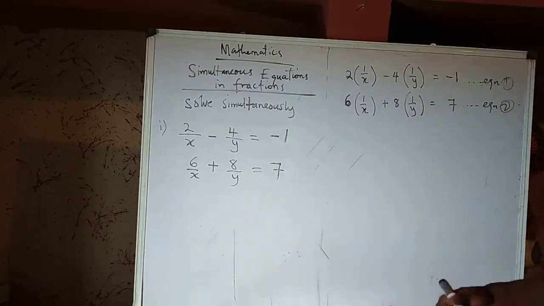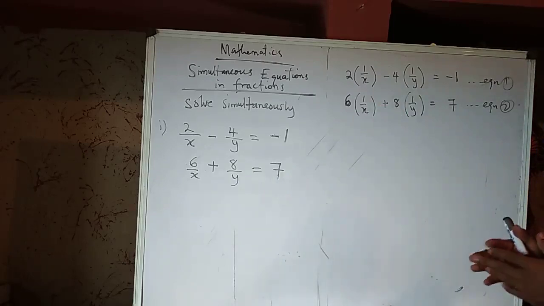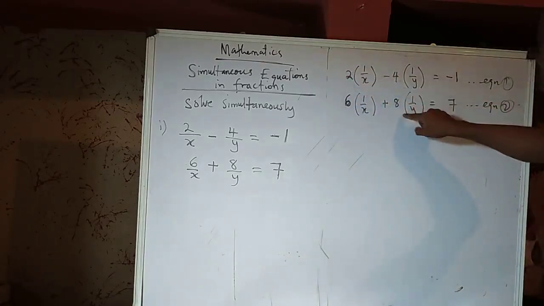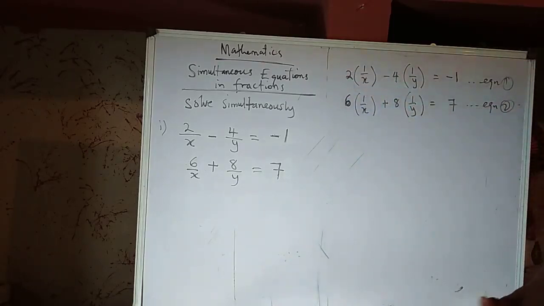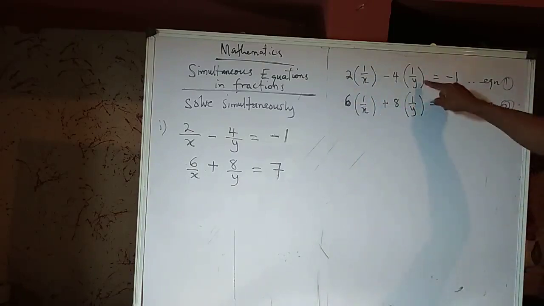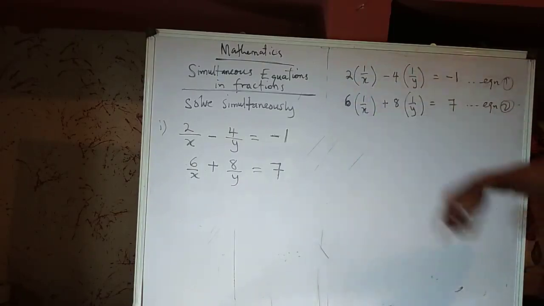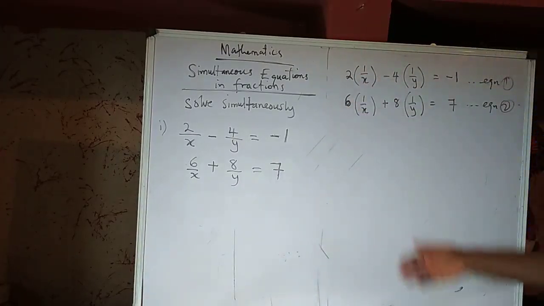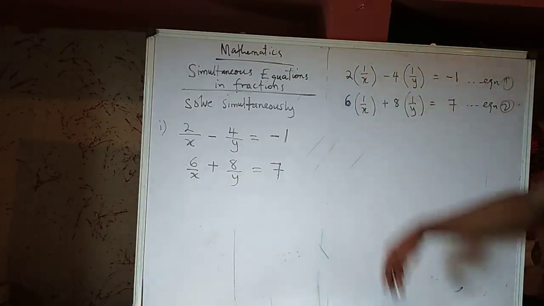Now you see, I'm going to use the elimination method here. I'll try to eliminate by making these numbers outside the bracket, the coefficients of what is inside the bracket, the same. So how do I make the coefficients the same so that I can eliminate?